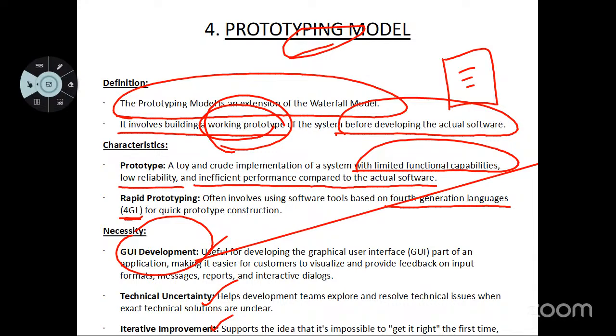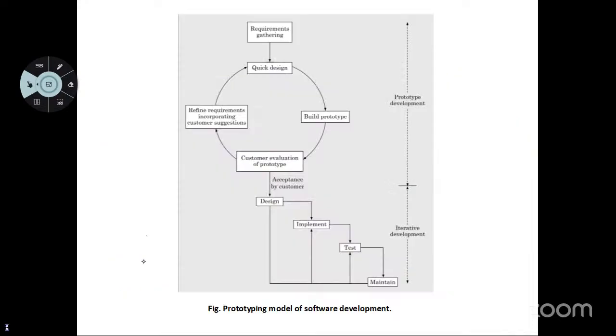That is, when you are testing your project, you find out the mistakes, the bugs in the project. Then you go for iteration. That is, when you have errors, you rectify them and go for the solution. Okay. So this is what you do in the prototyping unit. Right. So this is the architecture of what a prototyping unit is. So what we do is go for the requirements gathering.